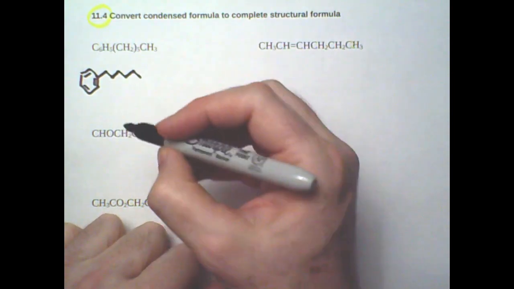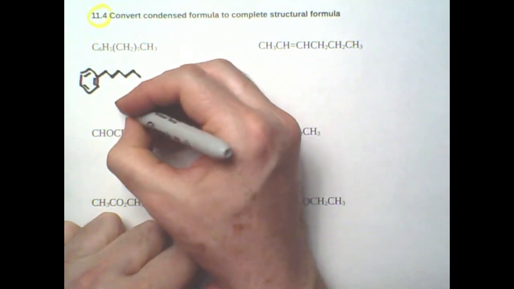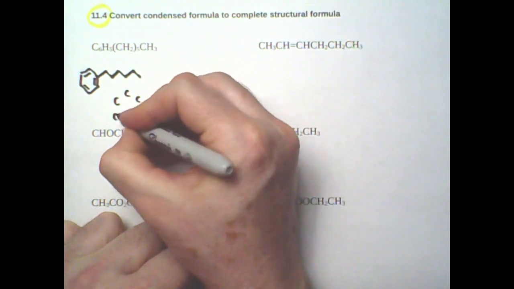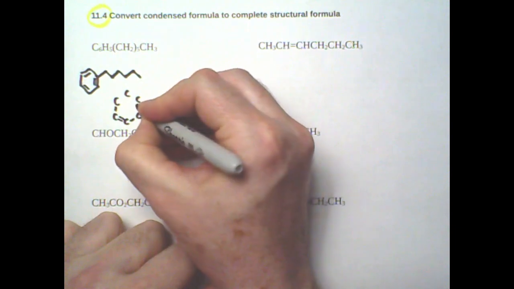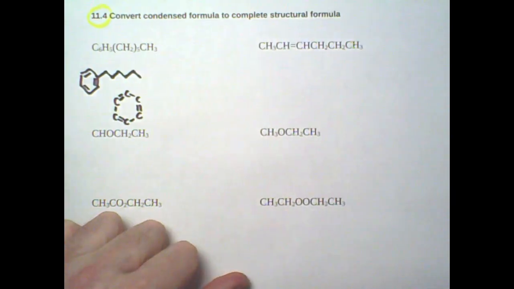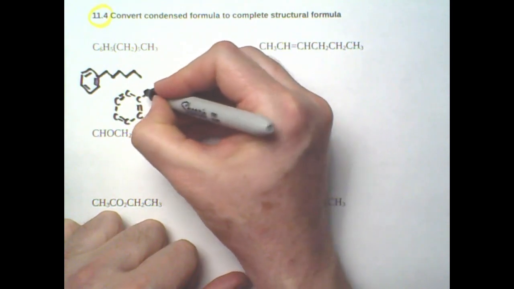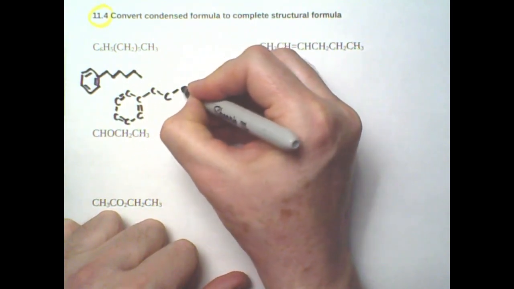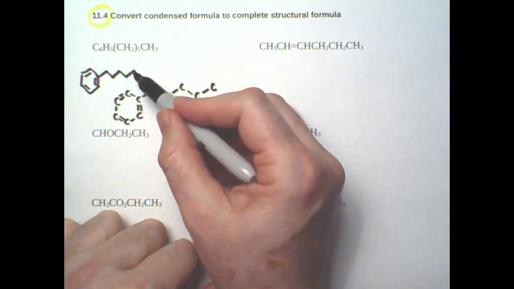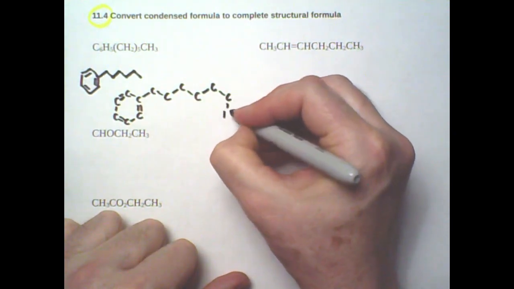All right, I've done the line angle formula because it's quicker and I can see all the parts. Now I'll write the complete structure. Doesn't matter where I put the double bonds as long as they alternate because they move around. I'll connect the next carbon, 1, 2, 3, 4, 5, and then a CH3 sixth.